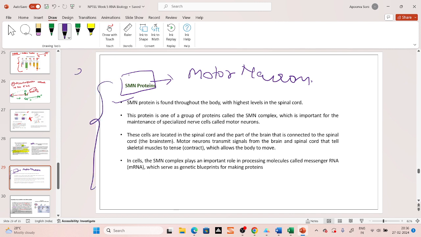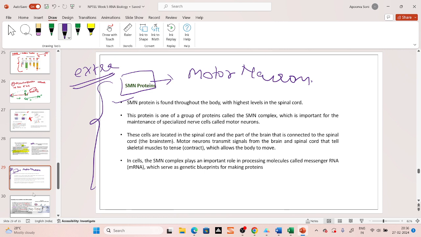This is extra information, not given in sir's PDF. I have given it so that while you are studying SMN proteins and their mechanism, at least you have a basic idea of what SMN proteins are. That is why I have included it. Now, what is the relation of SMN proteins to the RNA biology that we are studying?